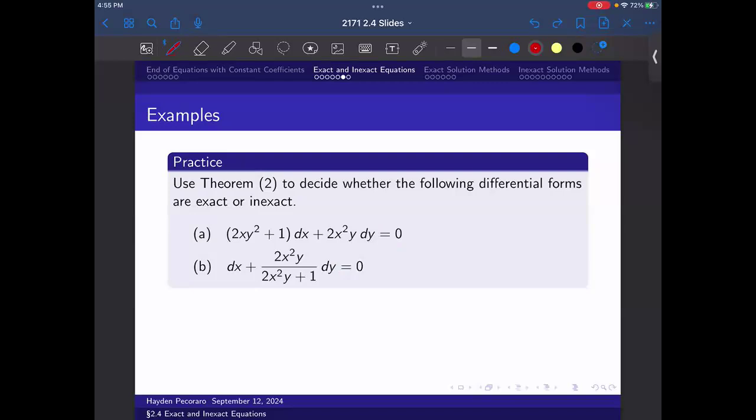So the problem here is that exactness is not really something that we can say about a differential equation without being a little bit more specific, but we can say it about the differential form, just the left side of the equation. So the same differential equation can be written in exact or inexact forms. All right, so yes, exact and inexact.